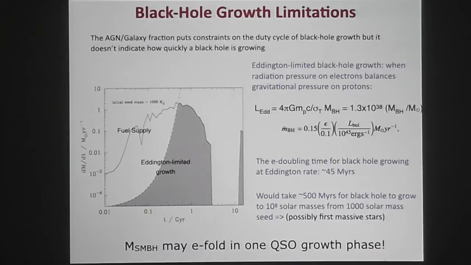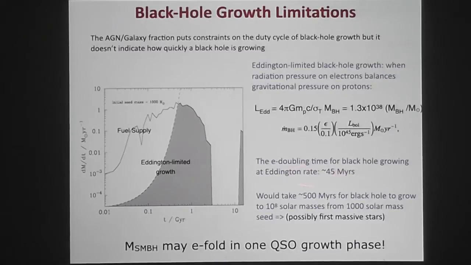And so following that up, this Eddington-limited black hole growth, basically you have balancing the radiation pressure with the gravitational pressure, and so you're balancing these things. And so the e-folding time, so the amount of how fast you can double the black hole mass, ends up being sort of at this rate.